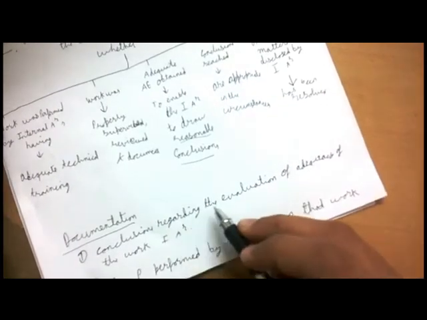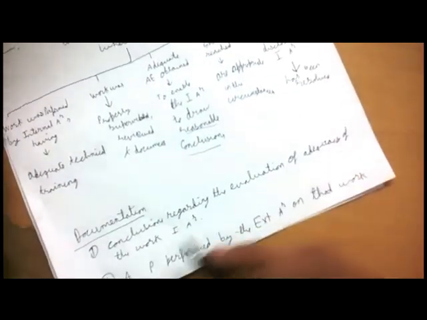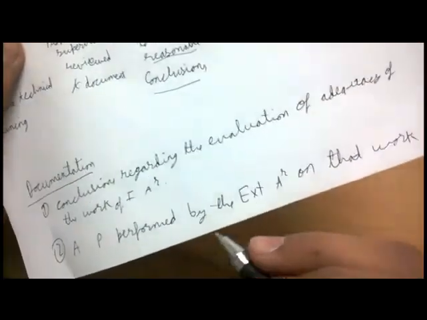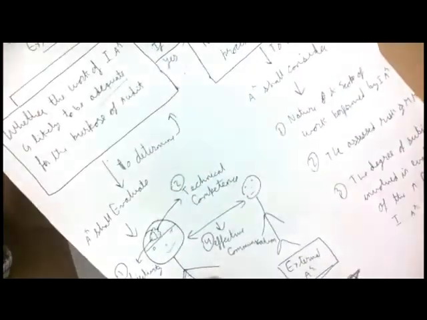Conclusions regarding the evaluation of adequacy of the work of the internal auditor and the audit procedures performed by the external auditor on that work. This was all for ISA 610.